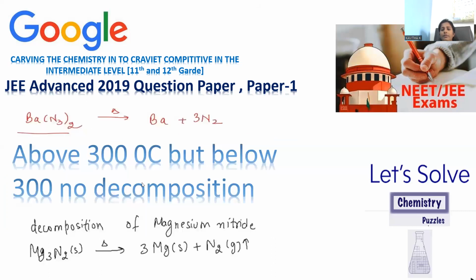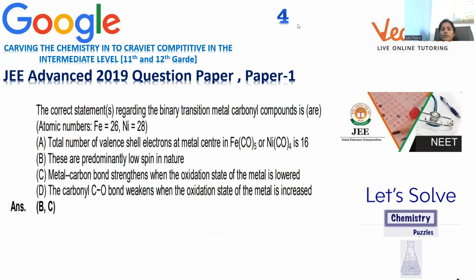Move on to question number 4. The correct statements regarding binary transition metal carbonyl compounds are to be identified. Atomic number of iron is 26, nickel is 28. Option A: total number of valence shell electrons at the metal center of iron pentacarbonyl and nickel tetracarbonyl are 16.